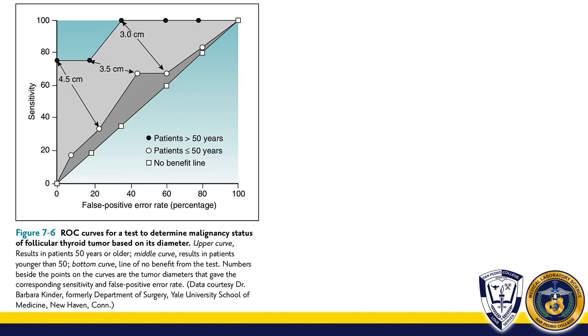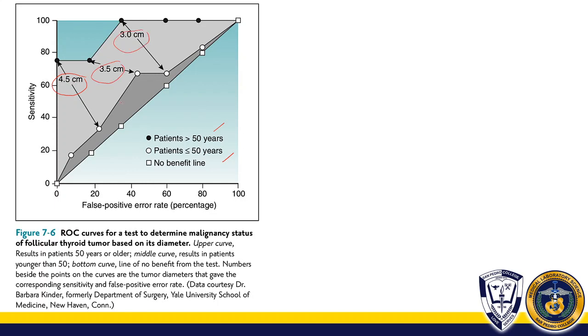This ROC curve is for a test to determine malignancy status of follicular thyroid tumor based on its diameter. Now, duha ka tawo ang atong gitan-aw diri. Older individuals and younger individuals. Kining greater than 50, ug kining dili darkened na circle that is less than 50 years old. Kining mga numbers diri, this is referring to the diameter sa tumor.